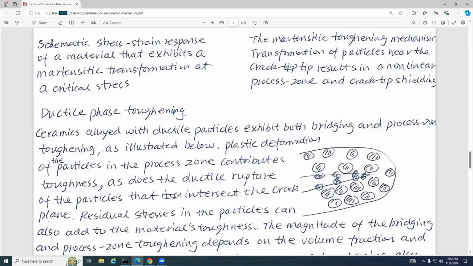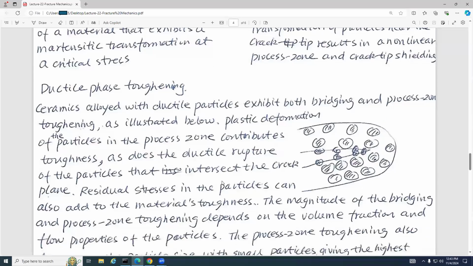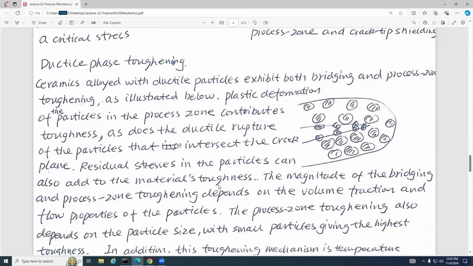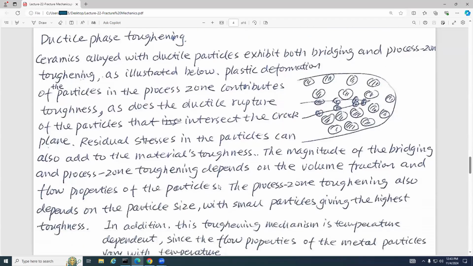The magnitude of the bridging and process zone toughening depends on the volume fraction and the flow property of the particles. What is the flow property of the particles? That means if it is compressed, how do the particles look, and are they going to move this way or this way? This is called flow properties.